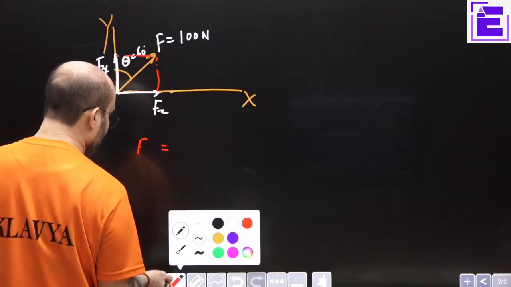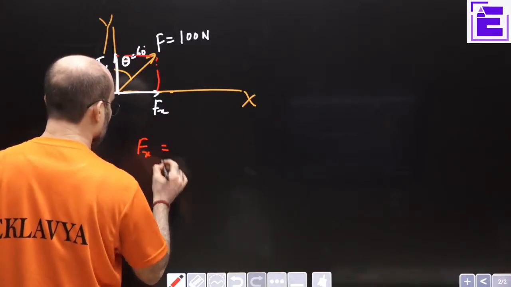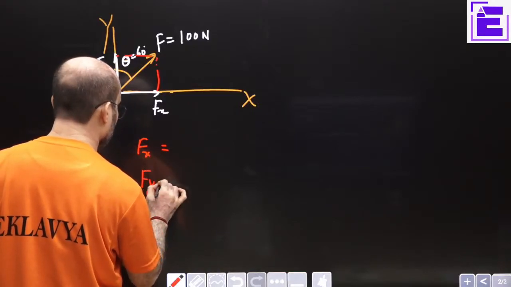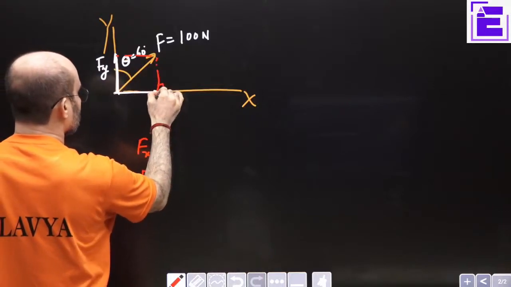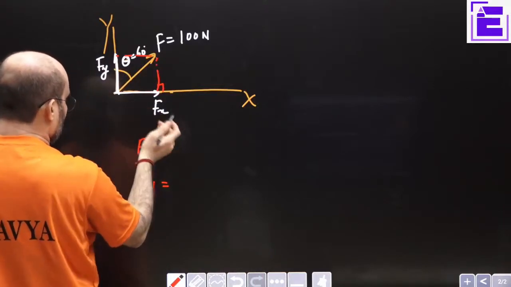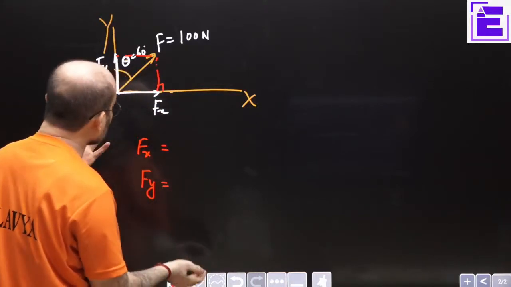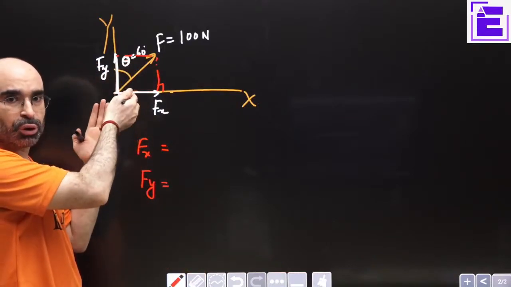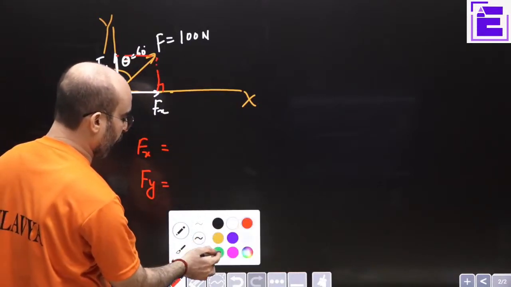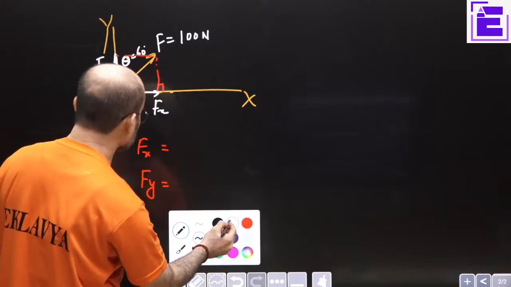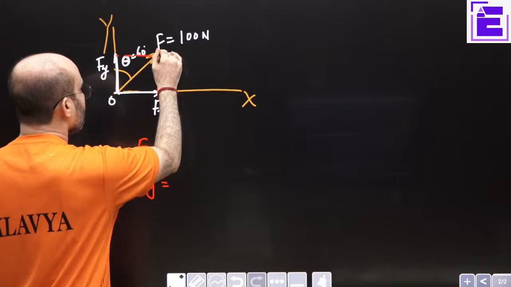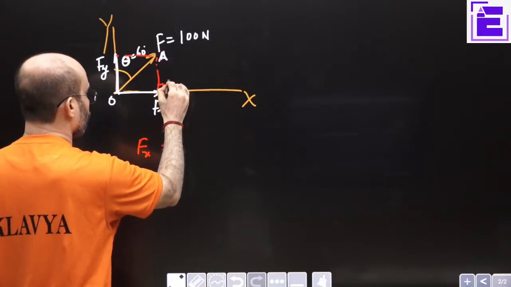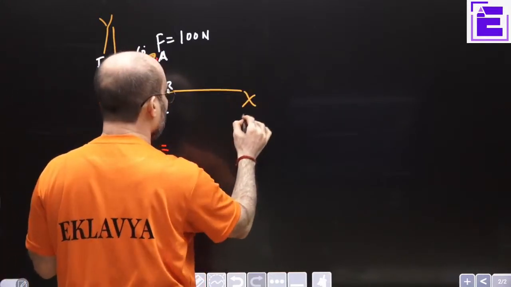So this way you have Fx and you have Fy. Here, if this is theta and this is the perpendicular, it is already a triangle. Name the triangle if you wish to: O, A and B, triangle OAB.